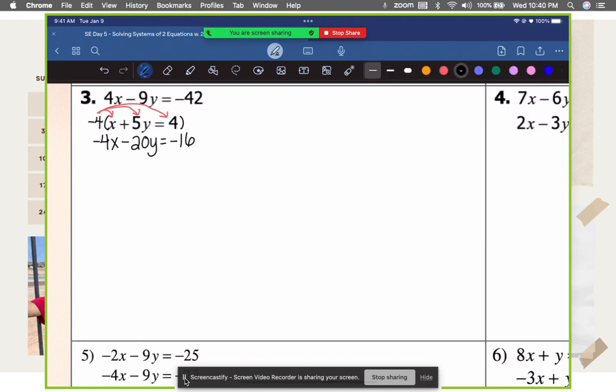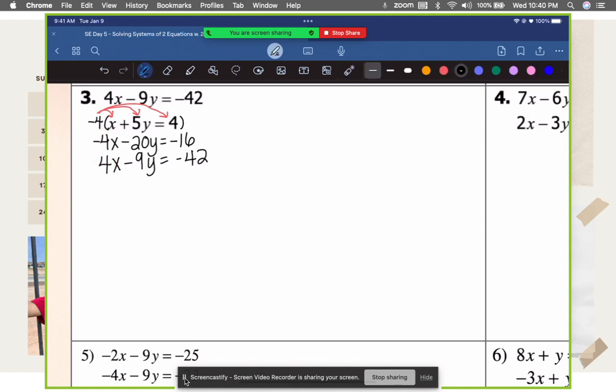Okay, now I'm going to rewrite the top equation right below so that way I can compare, make sure everything looks good and the way I want it to look. Okay, these x's and y's are aligned. Same coefficient, opposite sign. That's exactly what I wanted.